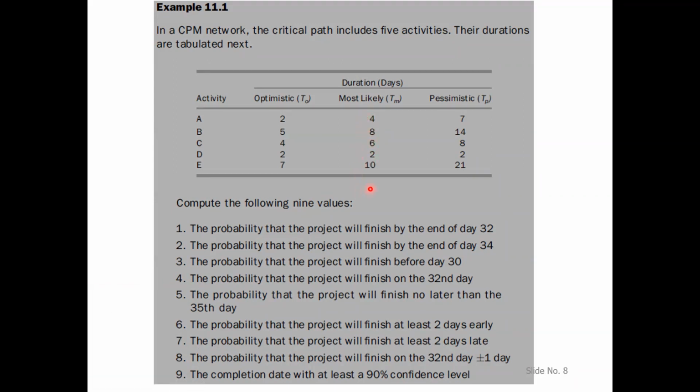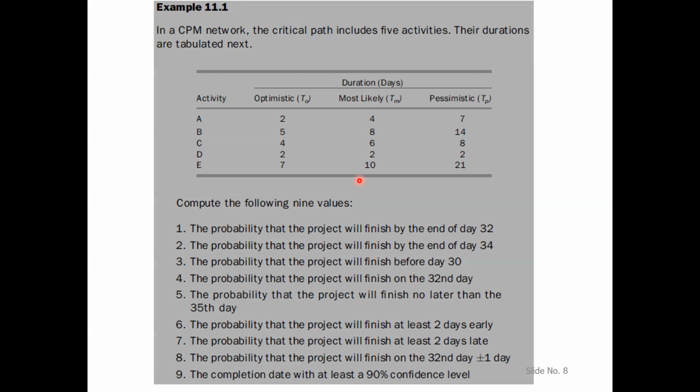Okay, so that means if we just take a case in which we don't involve any risk, we can say that the project will finish in 30 days. Okay, so that will be our simple answer.